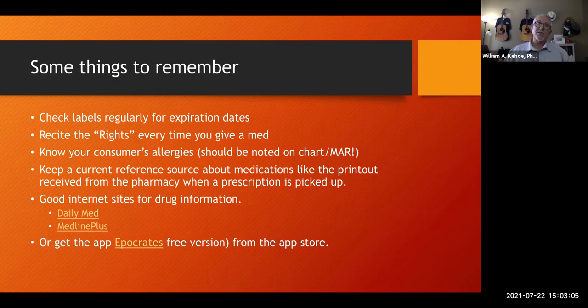Know what your consumer's allergies are, and those should be on the chart or the MAR. Keep a reference source of medications, like the printout that you get. When you get these printouts, there's nothing that says you can't have a file folder for that consumer where you store these printouts that came from the pharmacy. And then you have a ready-made resource that you can look back to for these medications.